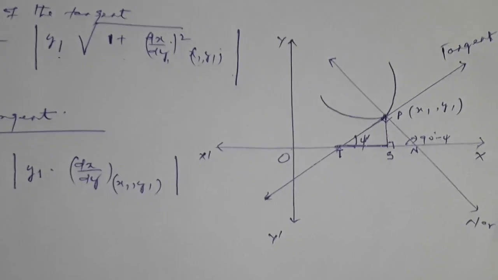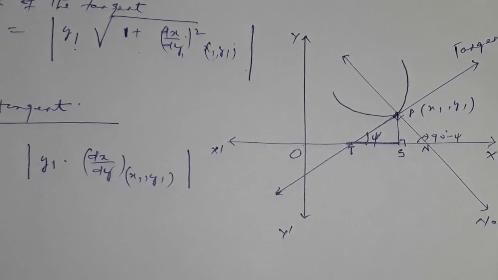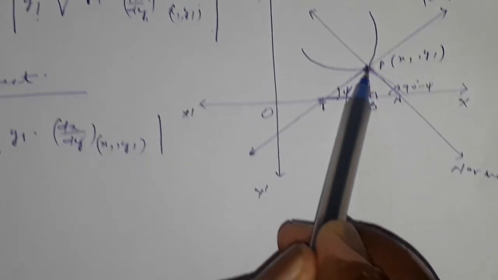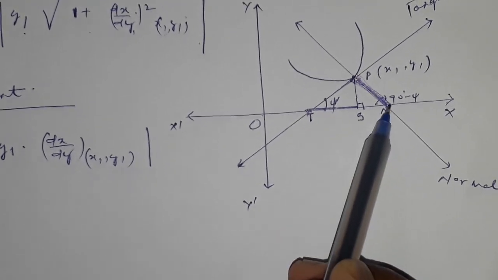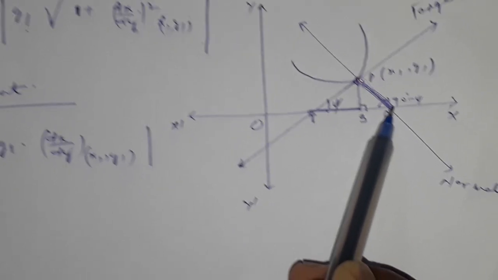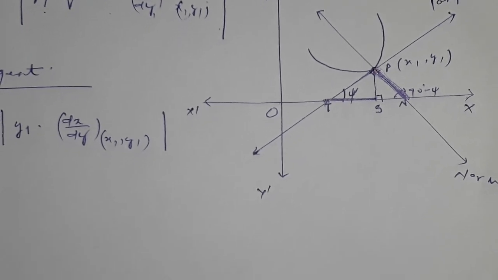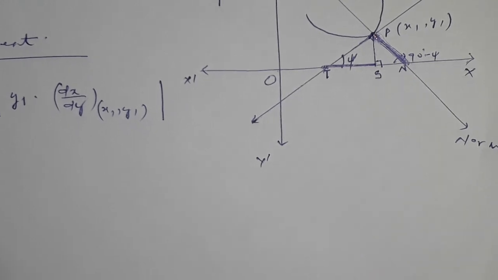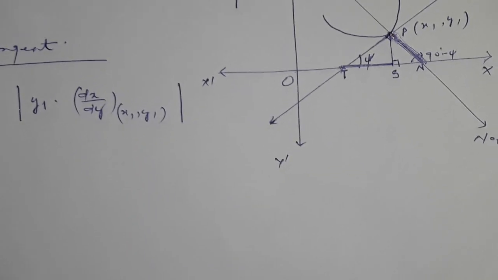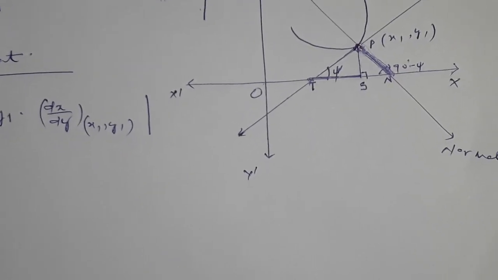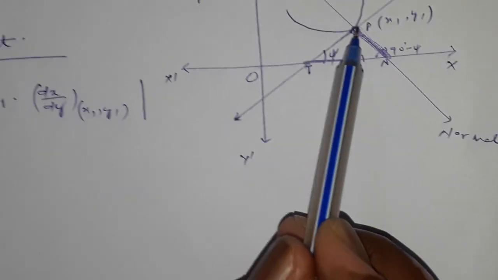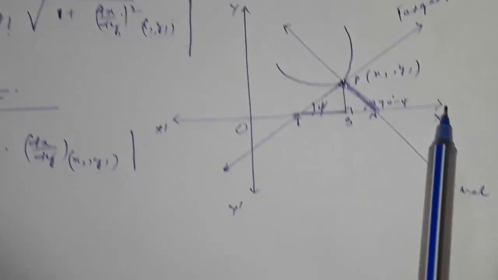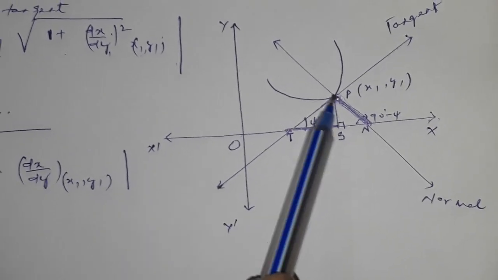Then we will go to the length of the normal. Here PN is the length of the normal. The length of the segment PN, that is the portion of the normal intercepted between the point on the curve and the x-axis, is called the length of the normal.